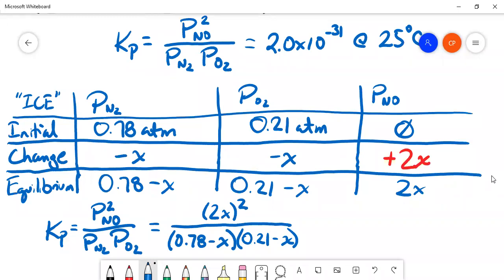Now this feels like really bad news because this time these guys aren't the same. If I FOIL these guys, I'm into quadratic land again. And I don't want to go see quadratic land if I can help it. The good news is the value of the equilibrium constant. And numbers this small might not seem like good news to you.